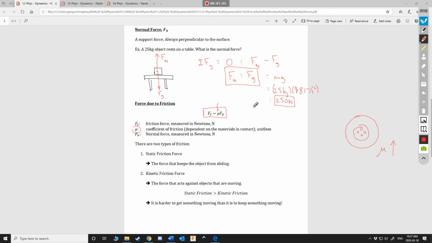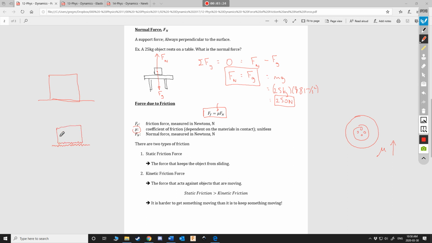And what we'll notice right here is the force of friction also depends on the normal force. So basically, if you have an object on a surface, and we zoom in, no surface is perfectly flat, it's actually more like bumpy.